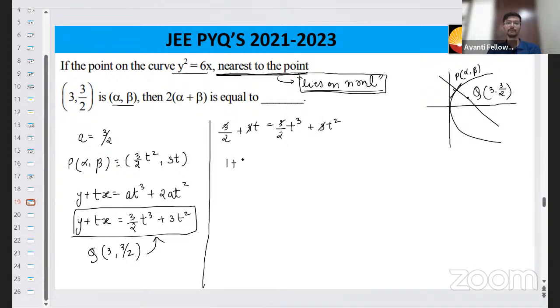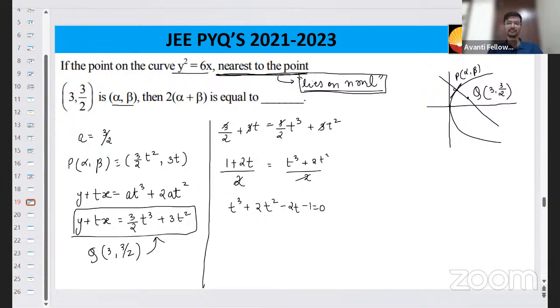So (1 plus 2t) upon 2 is equals to (t cube plus 2t) upon, again we can cancel. t cube plus 2t square minus 2t minus 1 equals to 0.